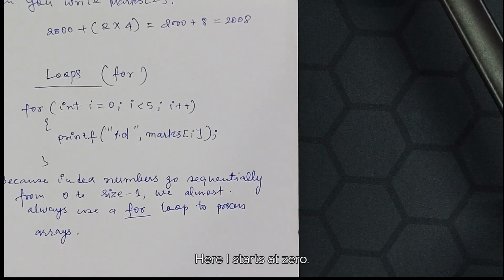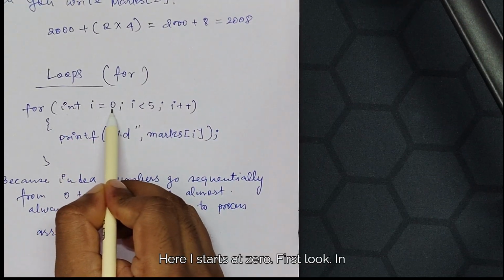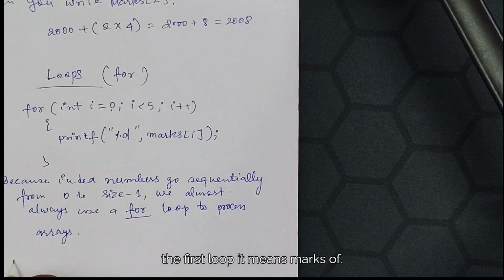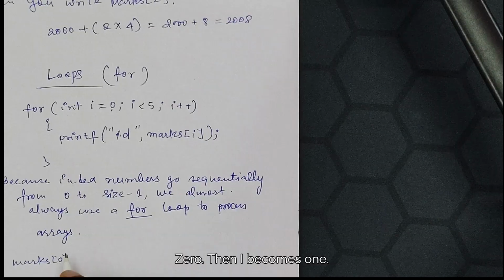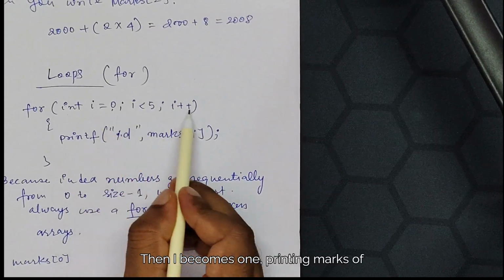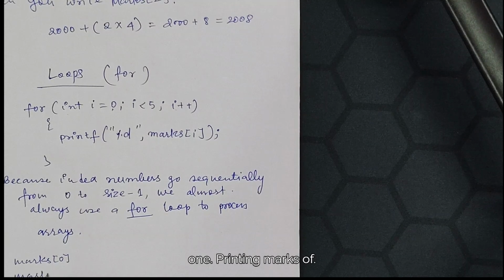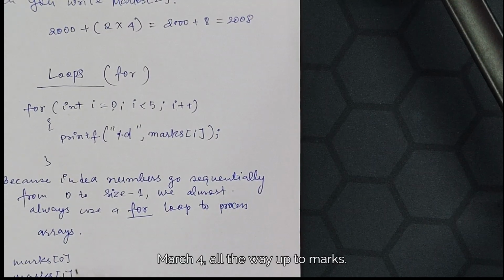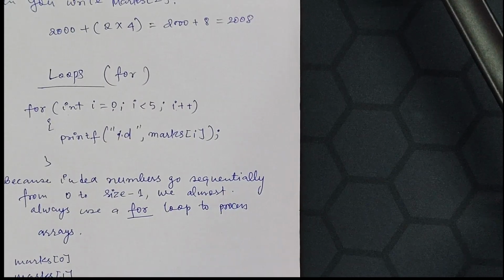Here i starts at 0. In the first loop it prints marks[0]. Then i becomes 1, printing marks[1], all the way up to marks[4].